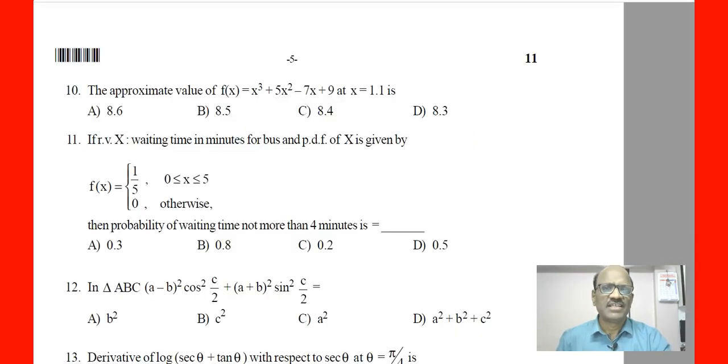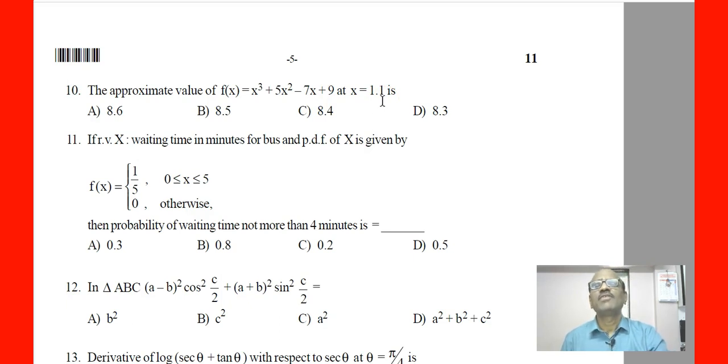Now the next question is from the application of the derivative. It is the same question from the textbook, only the last number is changed. The approximate value of f of x equals x cube plus 5x square minus 7x plus 9 at x equals 1.1.